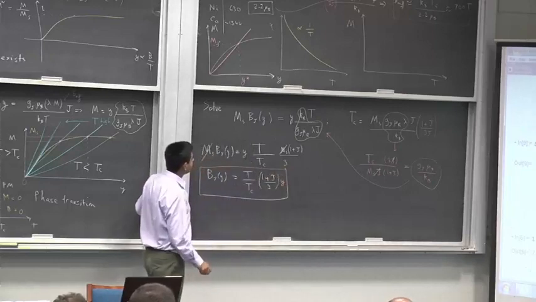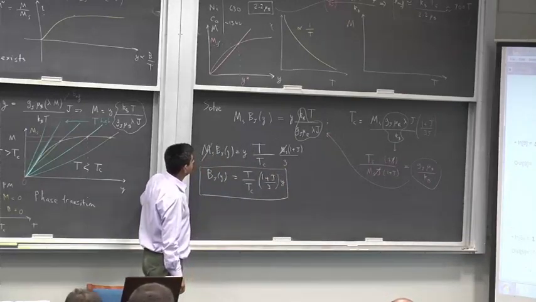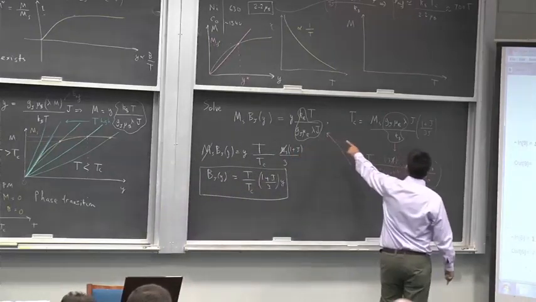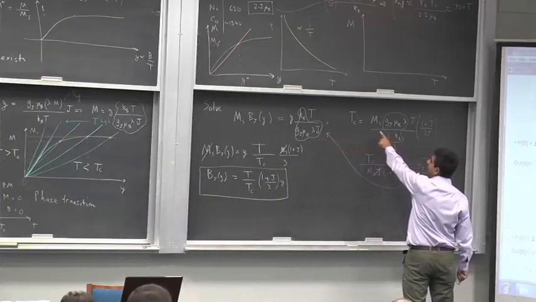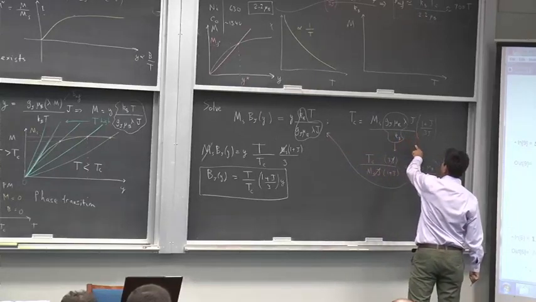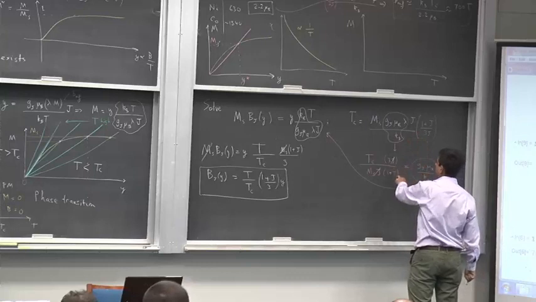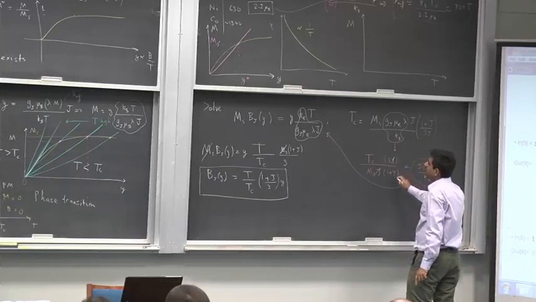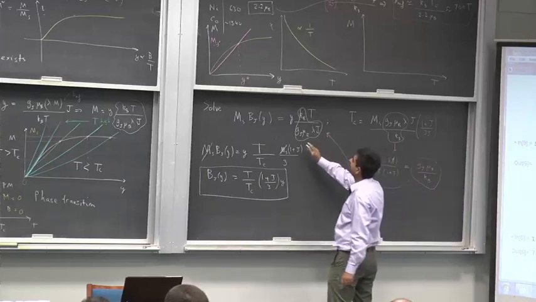Is there another j that I am missing? Tc is this 1 plus j over 3j. So there is a j. Am I missing a j somewhere?